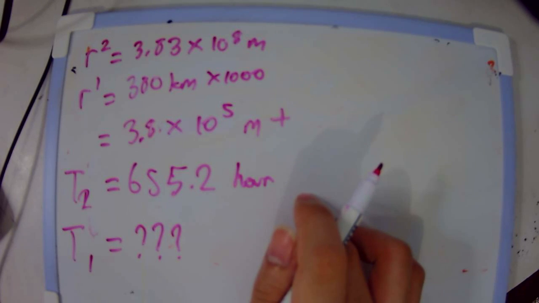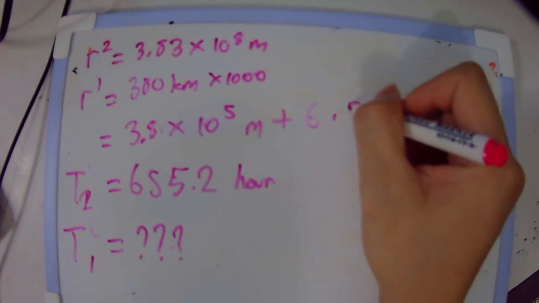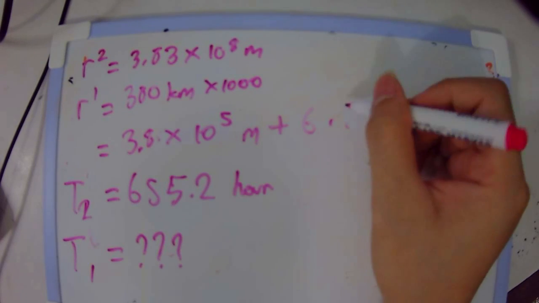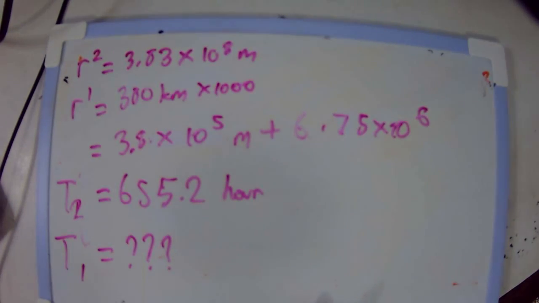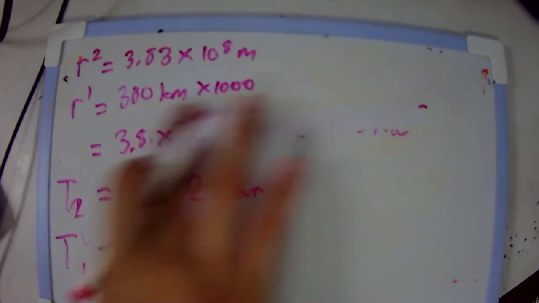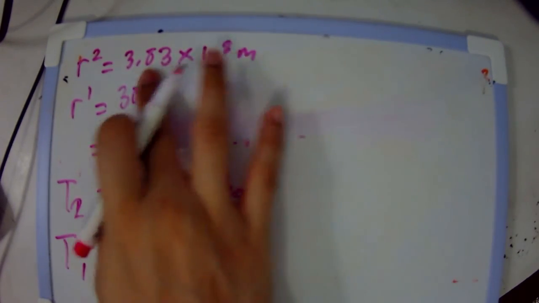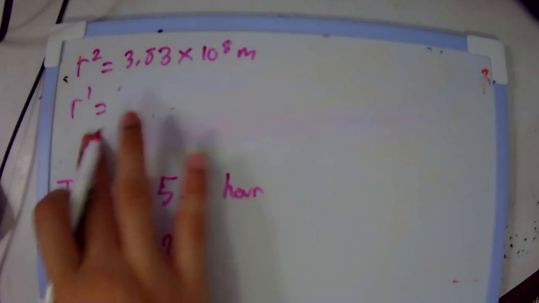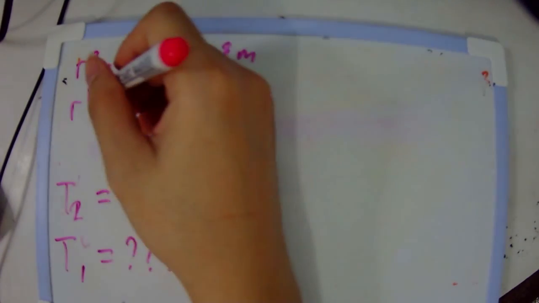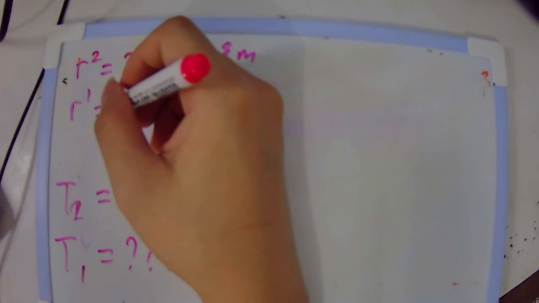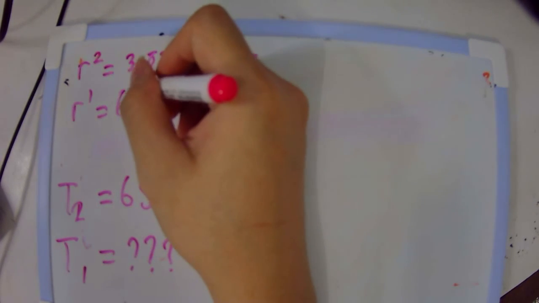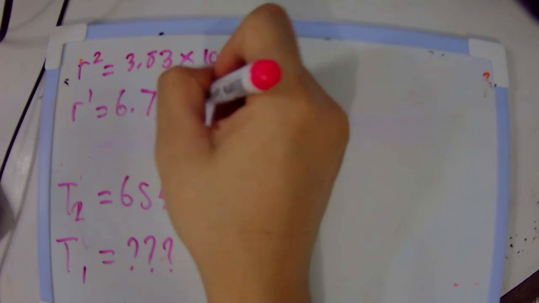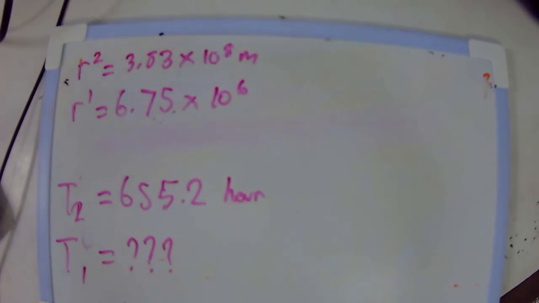So we have to add 6.575 times 10 to the power of 6. So if we finish up everything, we end up with your final radius of the orbit of the satellite, 6.75 times 10 to the power of 6.